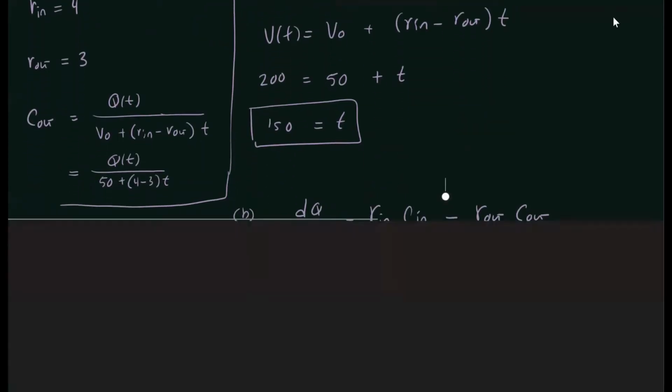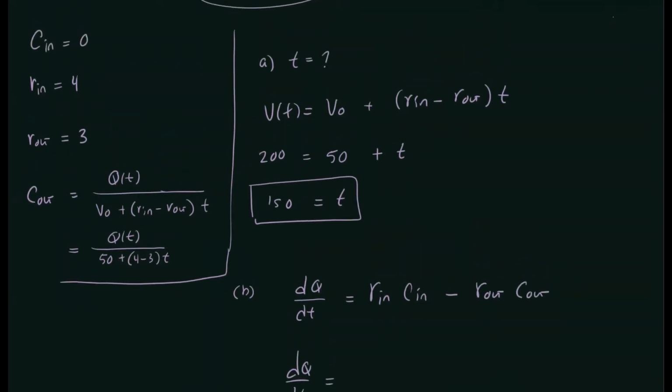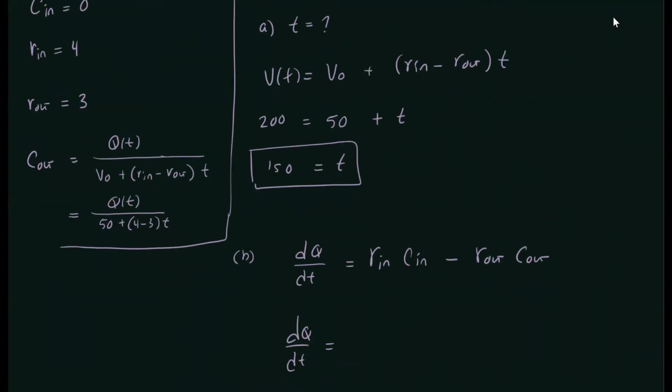So we know our dQ/dt is equal to R in. Well, in this case, R in is 4. Concentration in is 0. Minus R out is 3.